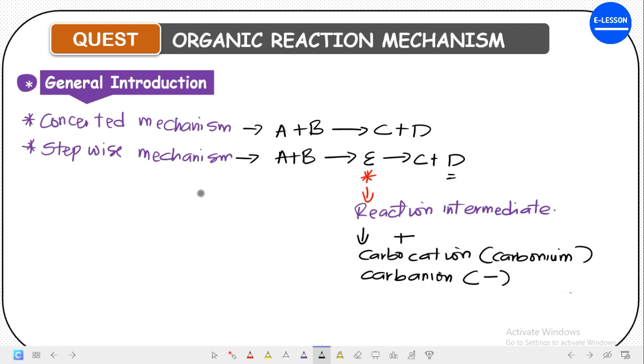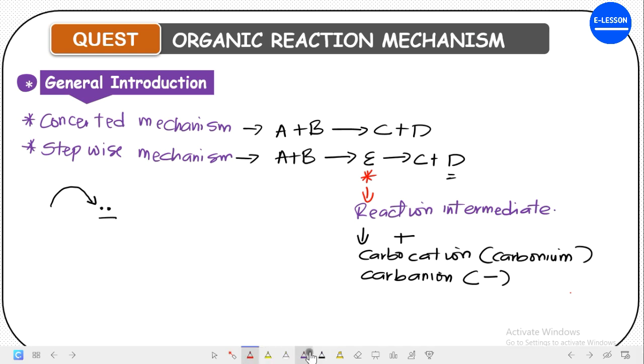Now, if you looked at the last lecture we had, you agree with me that we discussed how reaction mechanism is written. We said they are written by pushing of arrows. If you use a full arrow, not a straight arrow but a curly arrow, it means you are moving a lone pair of electrons or you are moving a bond.